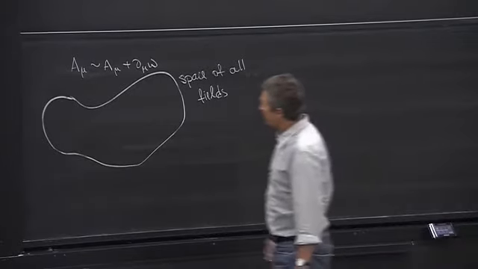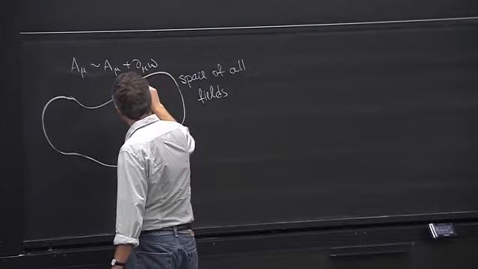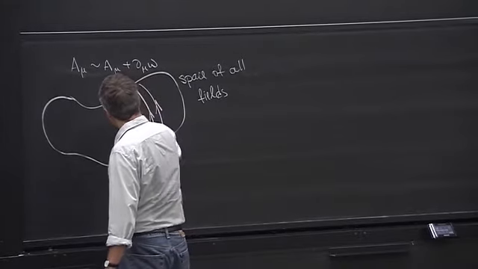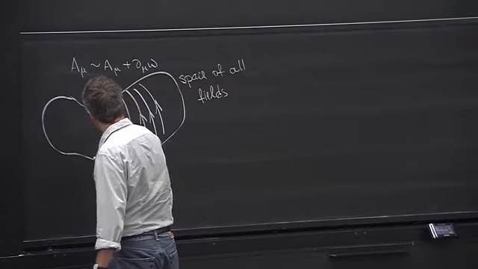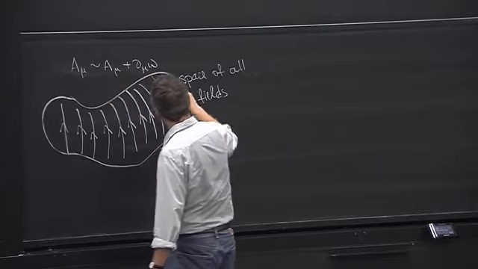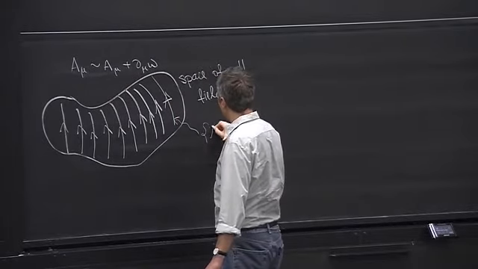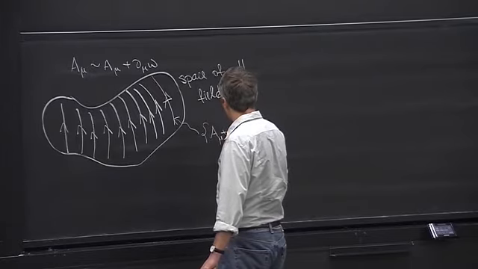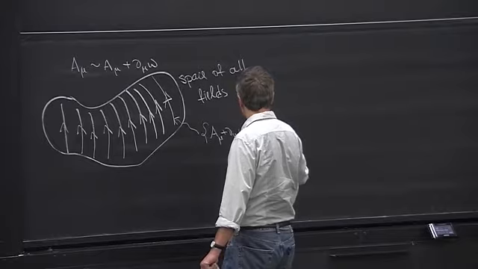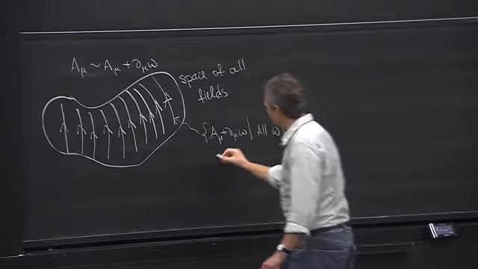Then gauge transformations will slice the space into orbits. So each line here is a set of fields that differ by a gauge transformation for all omega. So this is called a gauge orbit.